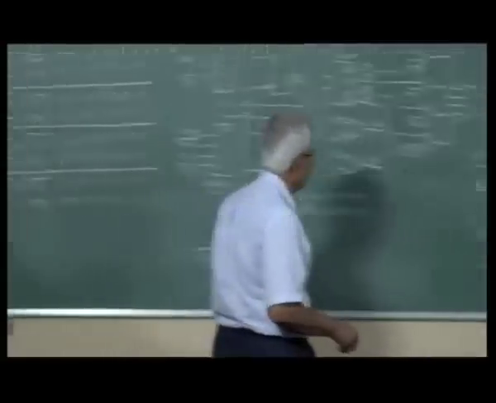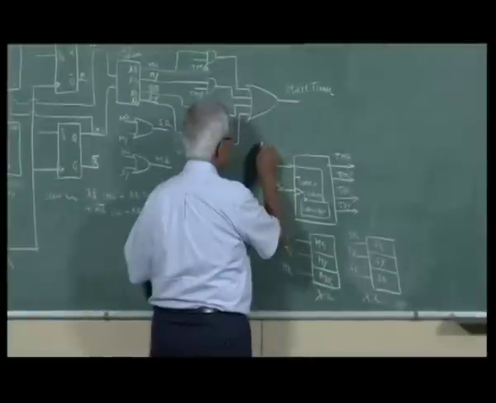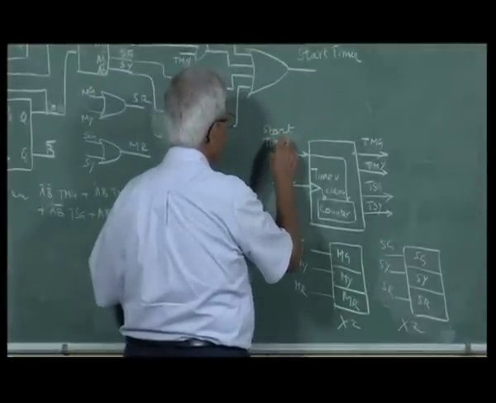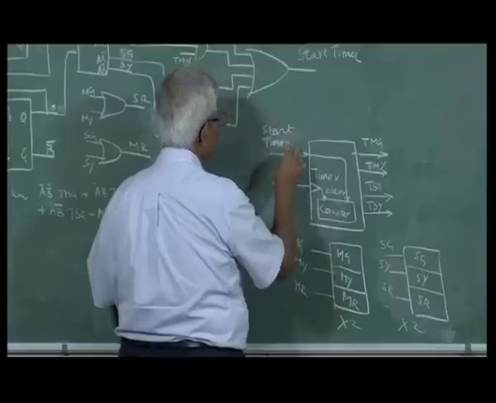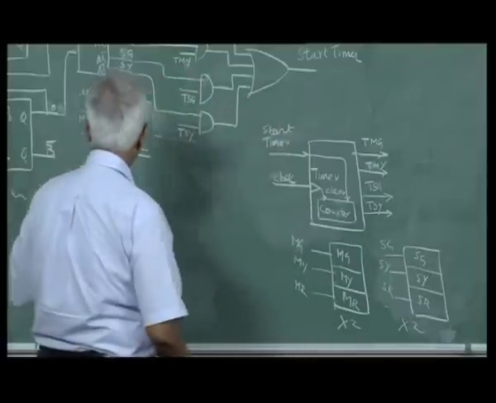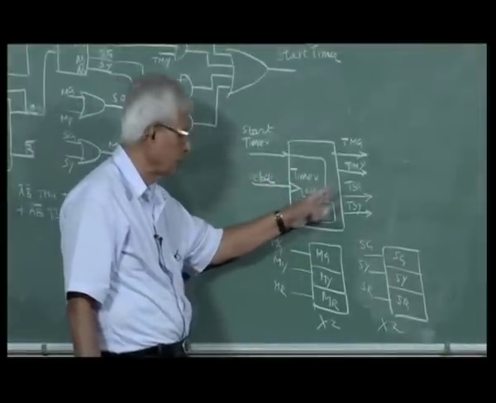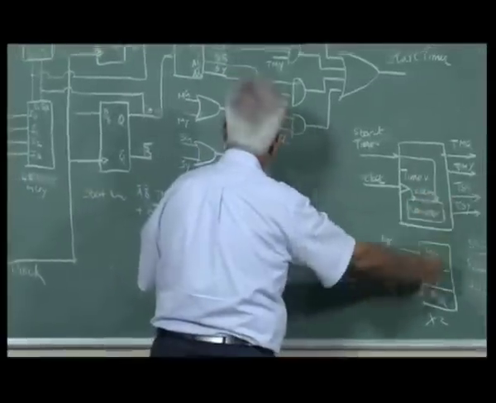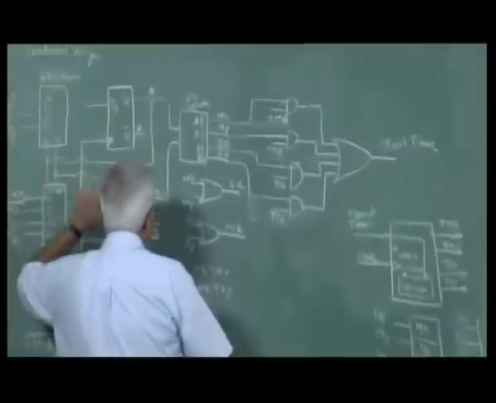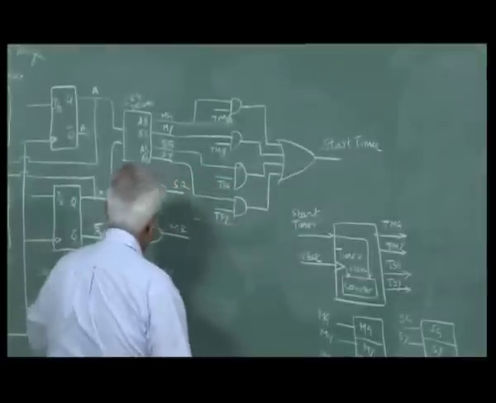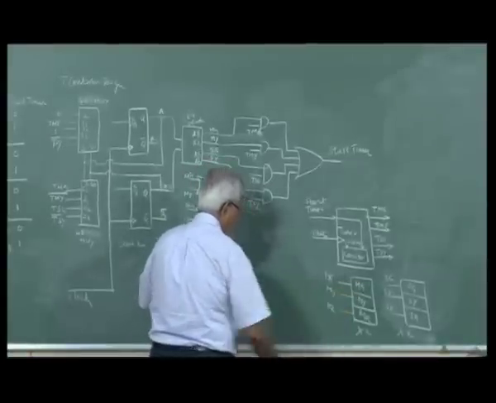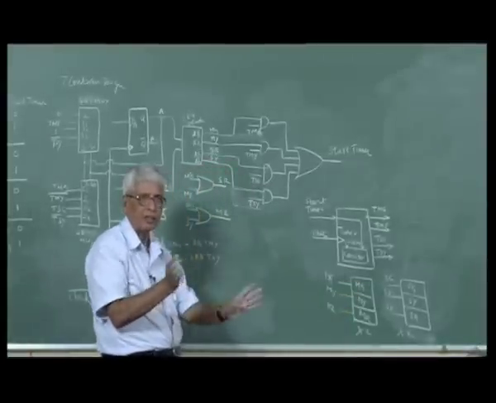So I should go back and forth between data path and the controller. The controller should give all the inputs required to the data path, and the data path should give all the outputs required for the controller. For example, TMG, TMY, TSG, TSY are required here, and start timer is here, MG, MY, MR, the outputs are required here.